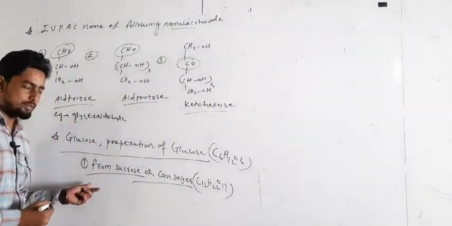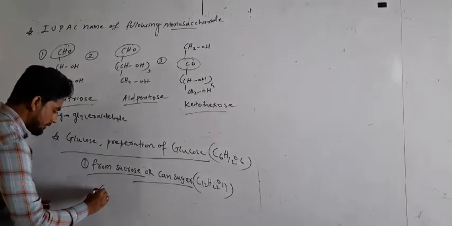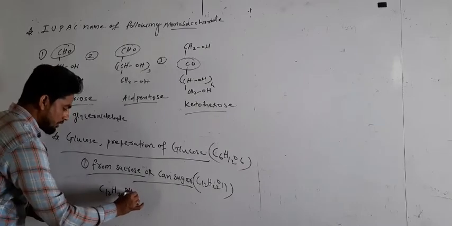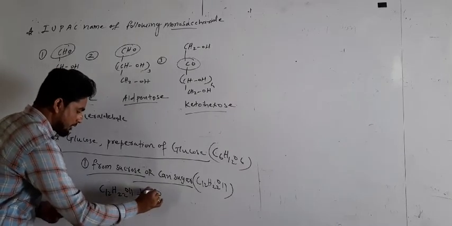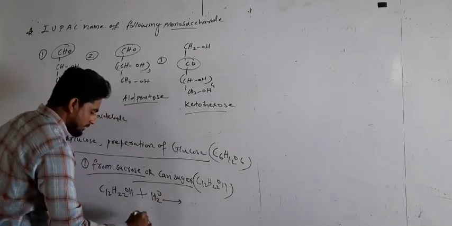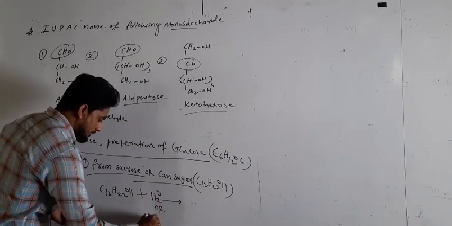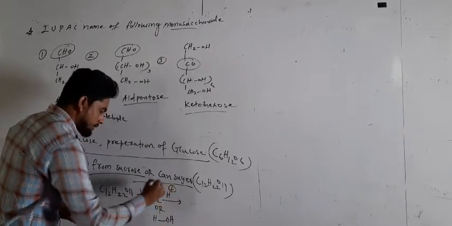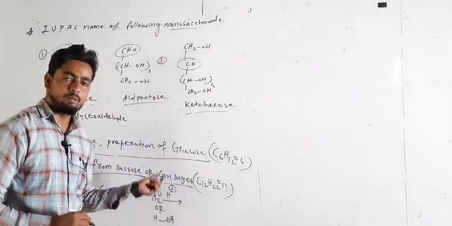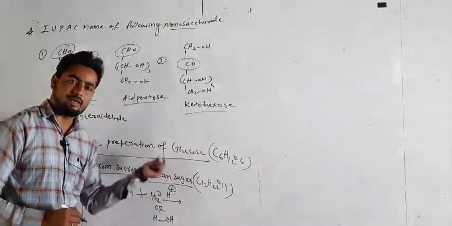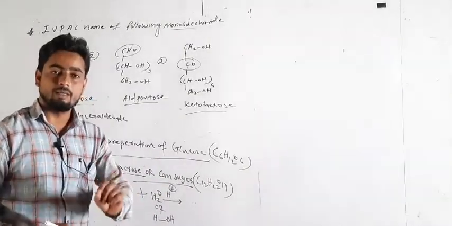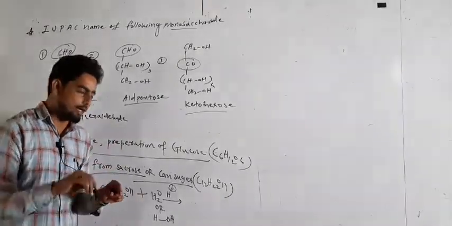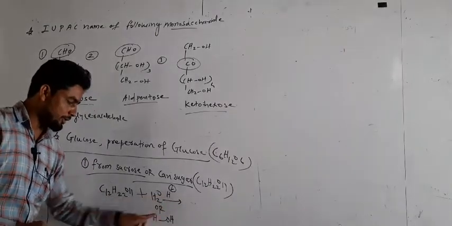Now the chemical reaction. Sucrose, C12H22O11, on hydrolysis, also written as HOH in the presence of H plus, is called acidic hydrolysis, meaning the preparation of glucose from sucrose or starch takes place using acid hydrolysis. H plus ion indicates acid hydrolysis.